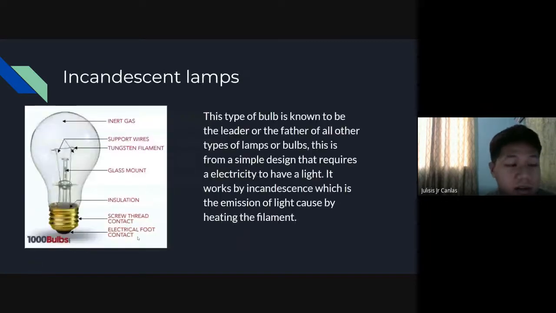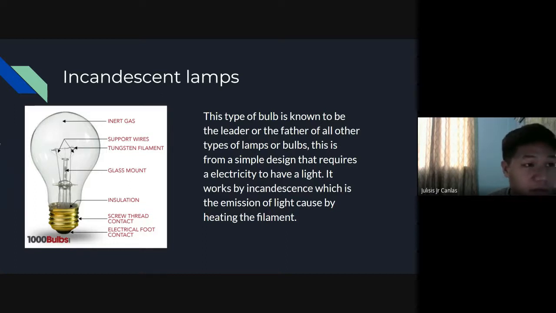Going to the incandescent lamps, this type of bulb is known to be the father of all other types of lamps or bulbs. This is from a simple design that requires electrical energy to have light. It works by incandescence, which is the emission of light caused by heating the filament.